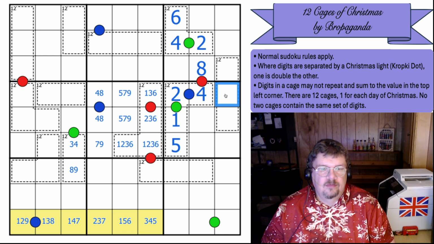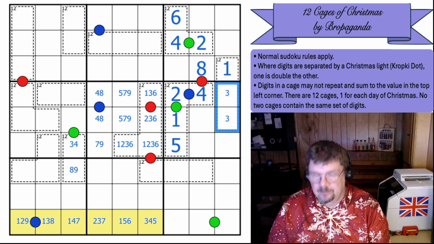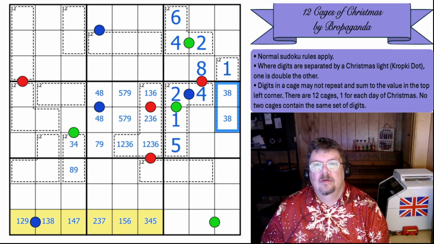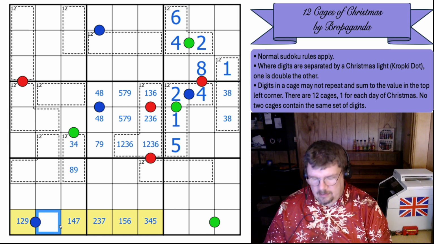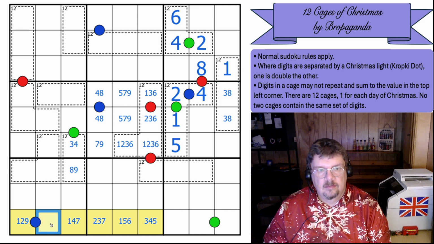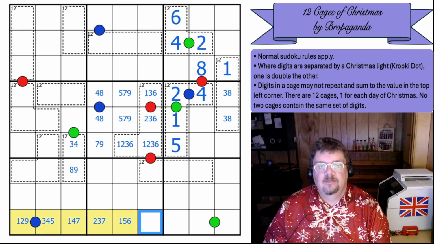So this is not 156, this is 138. The 1 must go here. This is a 3-8 pair. Okay. And that uses my 138 set. So let's do that.